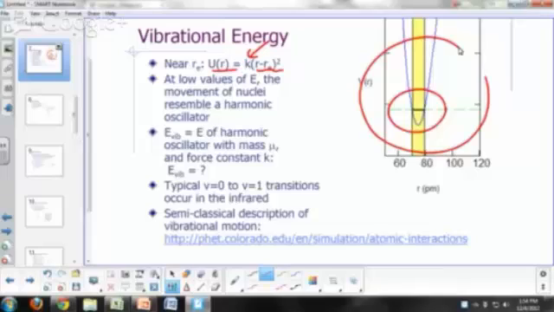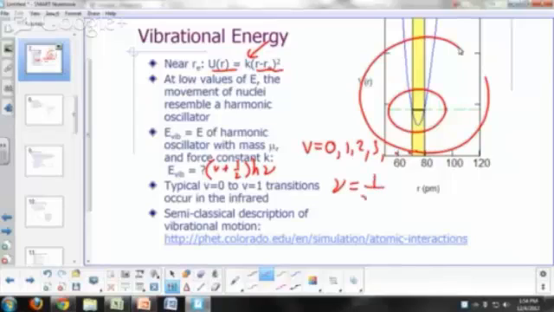So what would be the formula for the energy of a harmonic oscillator? Do you remember? (v + 1/2) h nu, right? Where the quantum number v has allowed values 0, 1, 2, 3, and so forth.